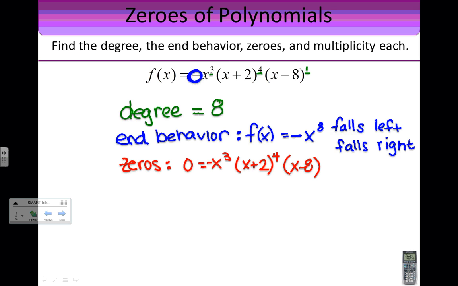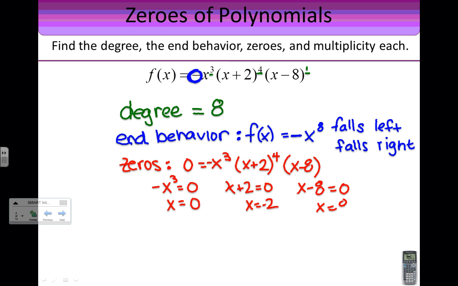So all three things being multiplied together to equal 0. So I'm going to set each one equal to 0. So my first 0 is x equals 0. My second, x plus 2 equals 0, so I have x equals negative 2, and x equals 8. So let's talk about the multiplicity of each.